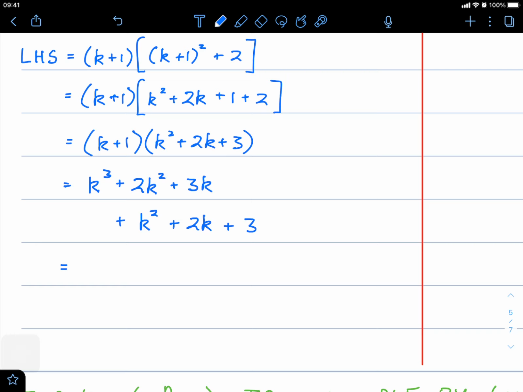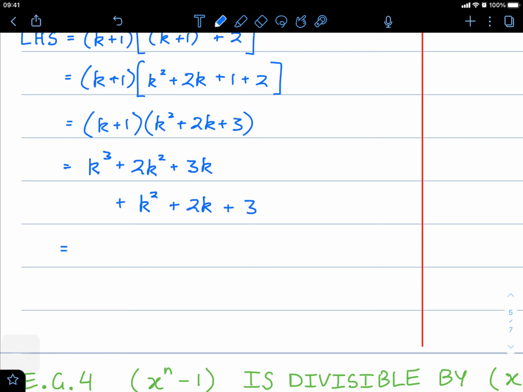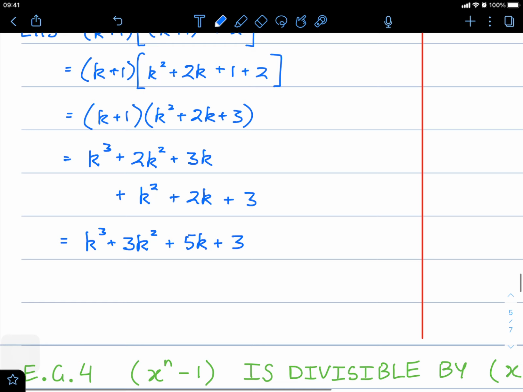Now since everything's lined up, we just simply add vertically. k cubed plus nothing, k cubed. Adding the next term is 3k squared plus 5k plus 3.